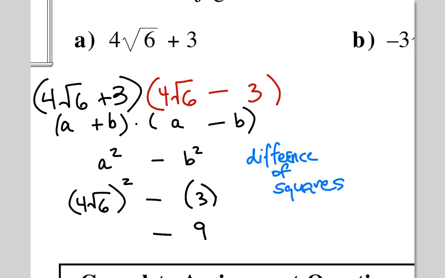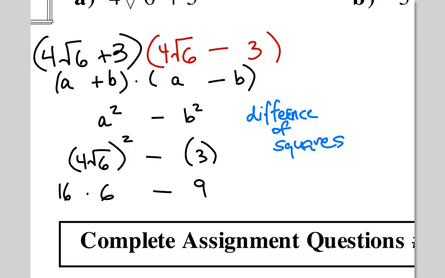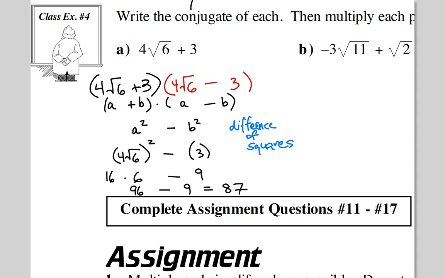You got to go 4 times 4, and root 6 times root 6. 16 times 6 is like 8 times 12, which is 96. I got lucky. 96 minus 9 is, oh, I can't subtract. 85? Is it? I can't subtract, promise.